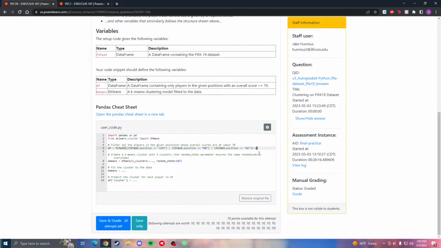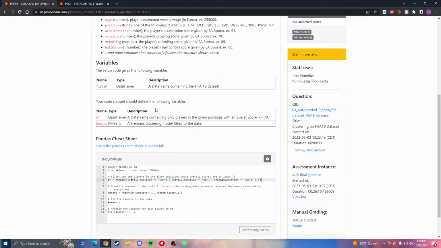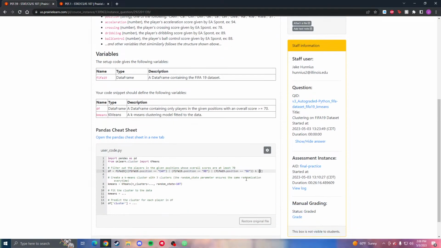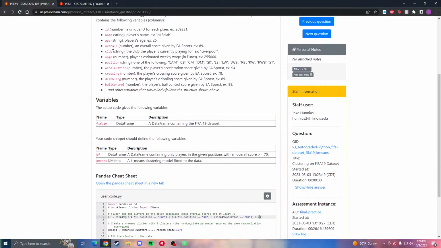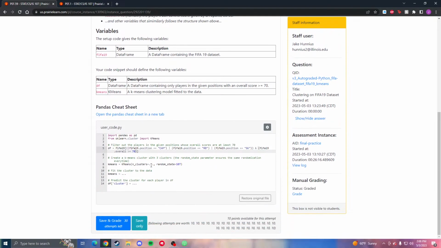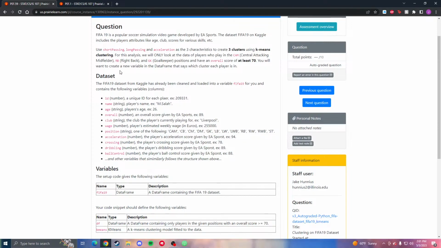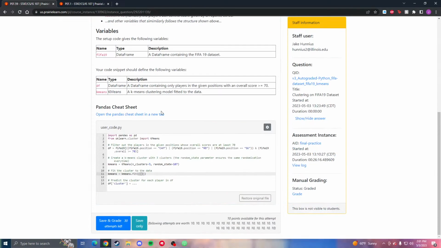And then we also need where their overall rating is at least 70, so FIFA 19 dot overall is greater than or equal to 70. All right, and we want 3 clusters. It's just going to be k-means dot fit, and then it's going to be our 3 variables that we want: short passing, long passing, and acceleration.